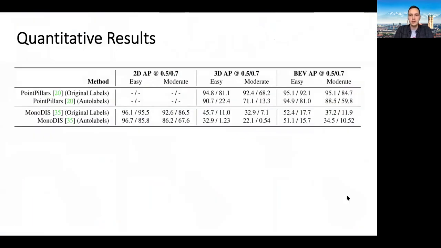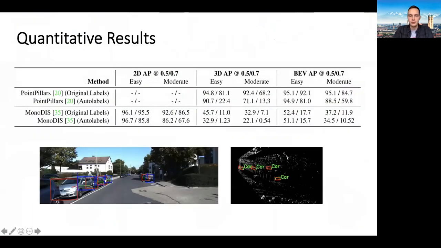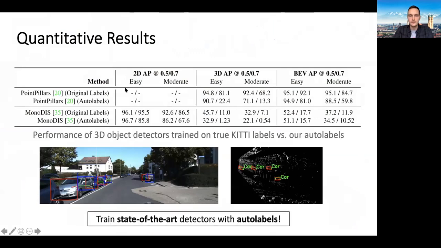Yeah, so now I'm gonna show just a couple of quantitative results. So basically what we did to evaluate this is we took the state-of-the-art algorithms in lidar and binocular detection and pose estimation. And we trained those algorithms with original ground truth labels and with auto labels estimated by our pipeline.